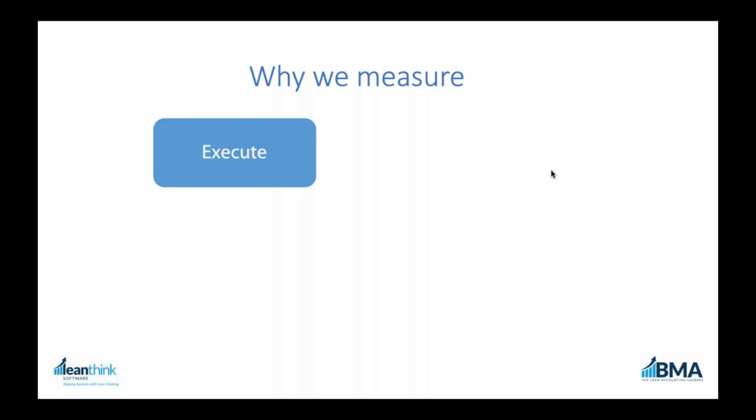Why do we measure? We are really measuring how well a process is executed against a certain standard. And we want to learn primarily why it doesn't. If it's meeting the standard, great. We also want to learn why it's meeting the standard. If it's exceeding the standard, great. But it's a learning exercise about execution and how the process works.